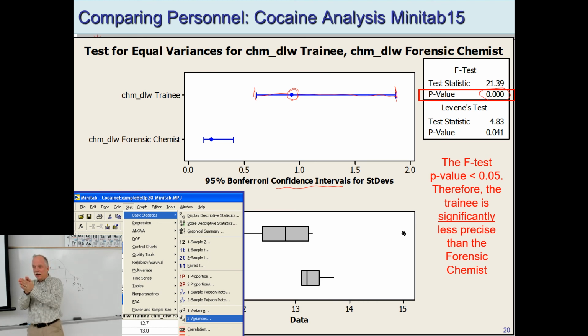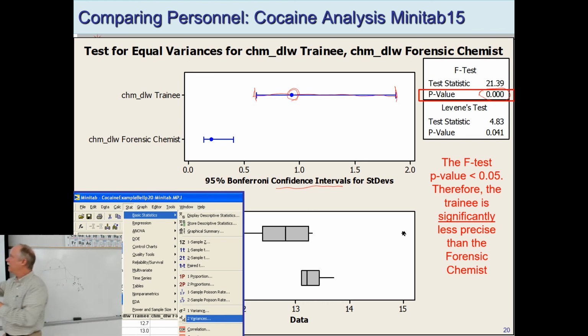So here's the mean, plus or minus. So I'm saying that the true mean is somewhere between these endpoints. This is a confidence interval on the standard deviation. So yeah, it's really weird to think about, but it's the standard deviation of the trainee, and the true standard deviation for that person is somewhere between these 2 limits. Okay, so they could be worse than this, or they could be better.